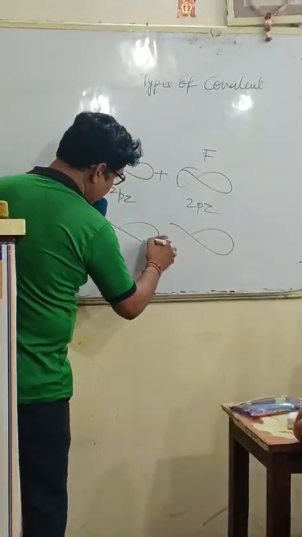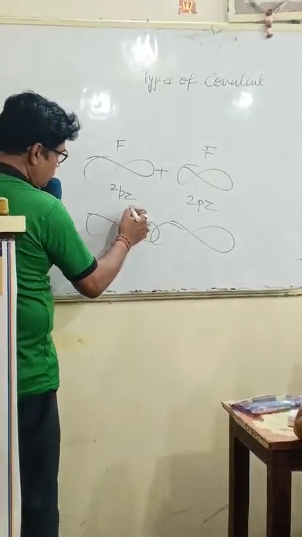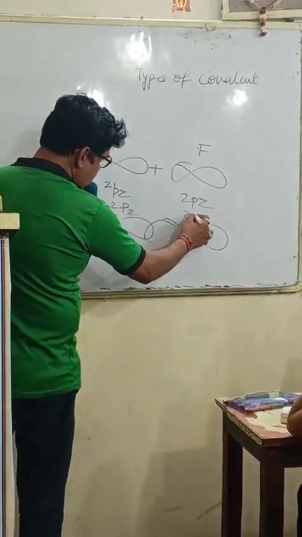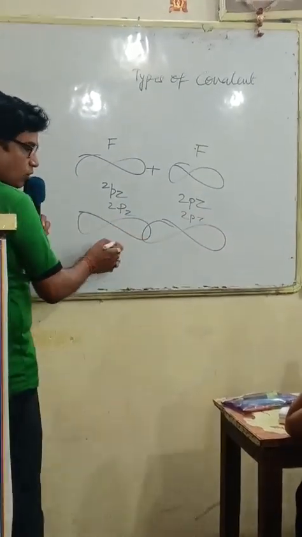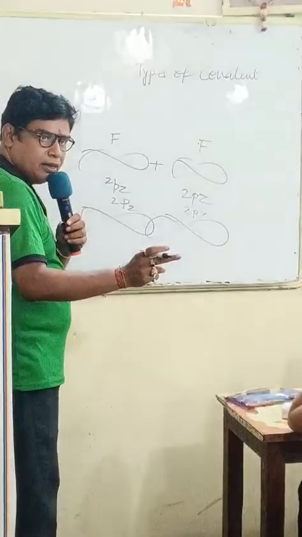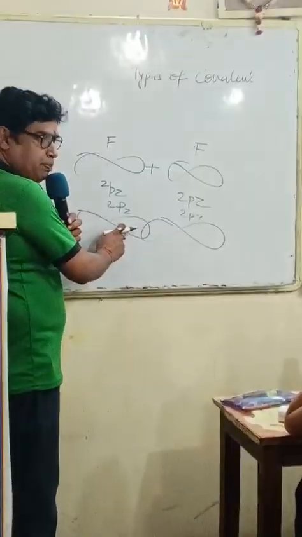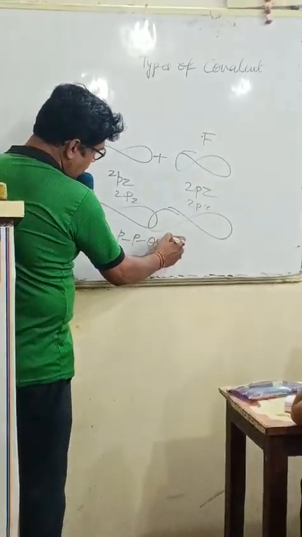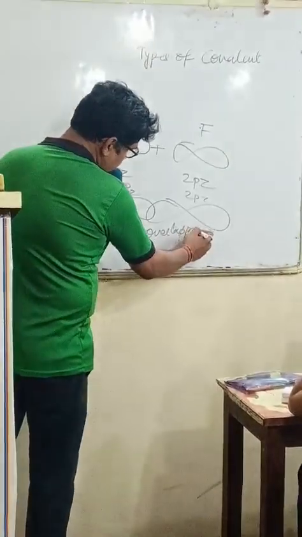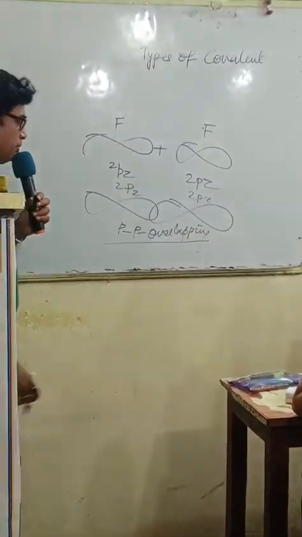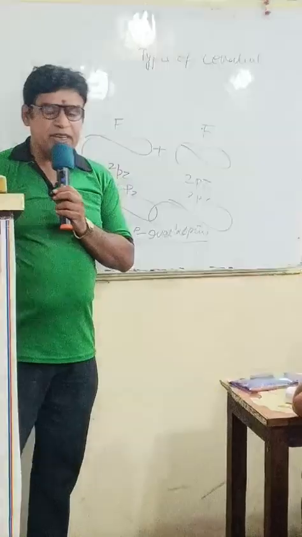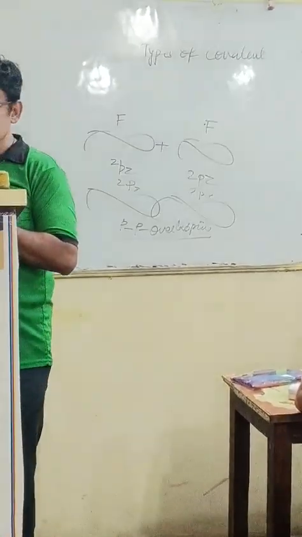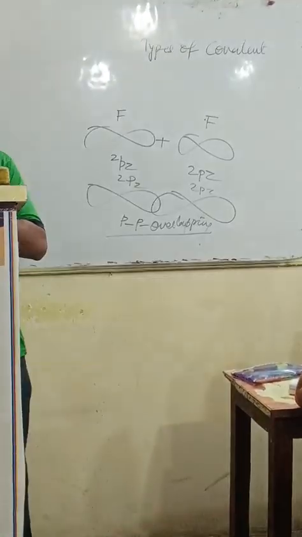This overlapping is 2pz and this is also 2pz, end to end pp orbitals. So that is why it is called pp overlapping.